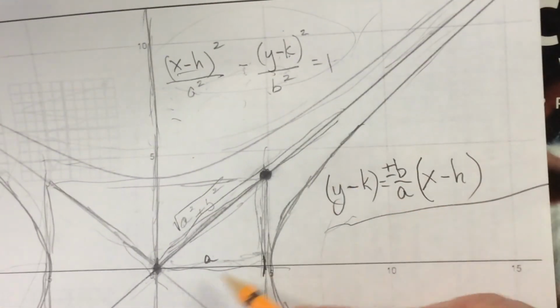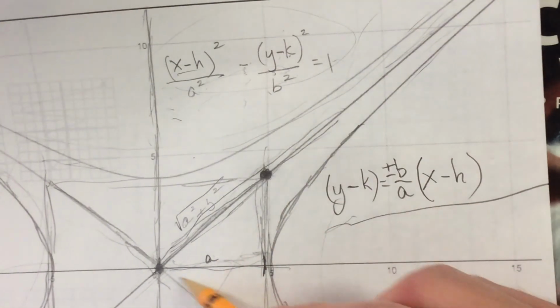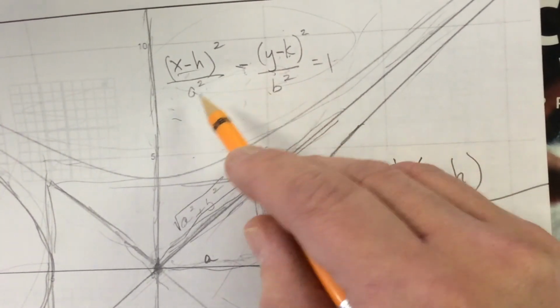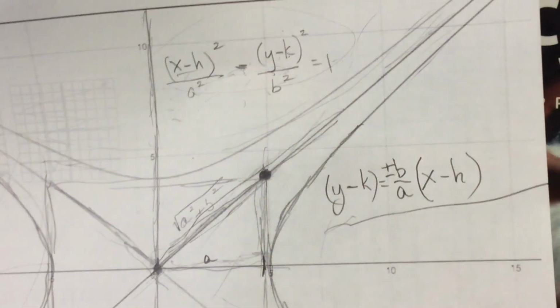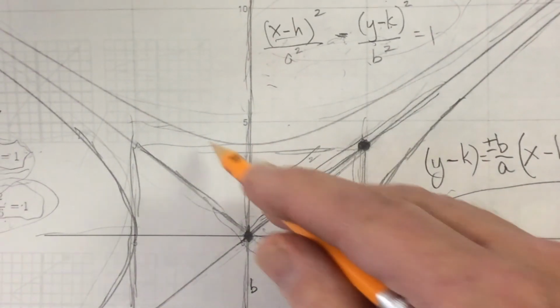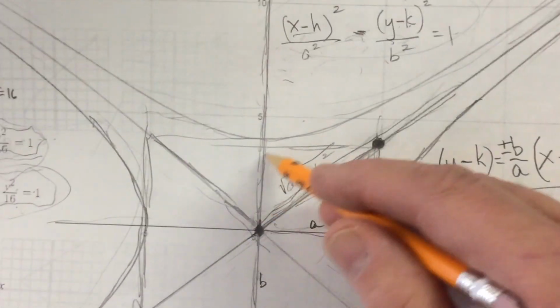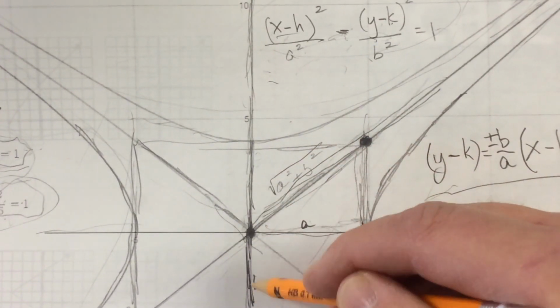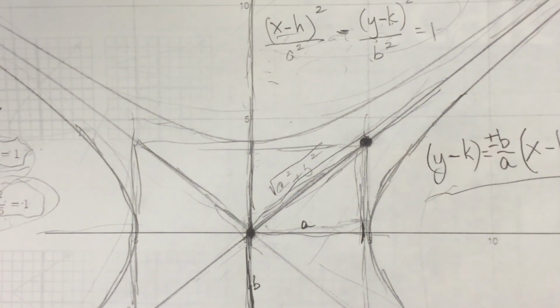But the truth is, the equations for these two lines are going to be the same whether this is positive or negative. So the only difference the positive or negative makes is which way it opens. And that you can figure out by looking at the zero value for x and the zero value for y.